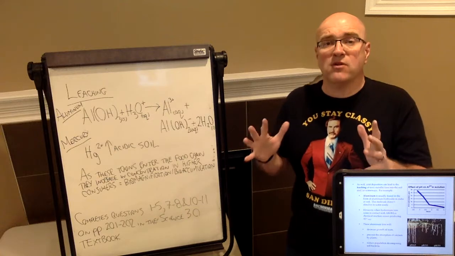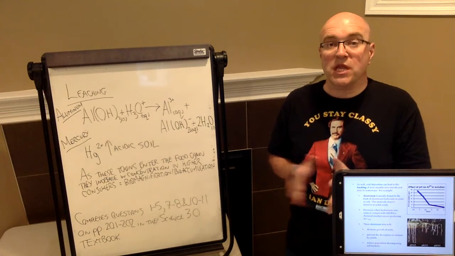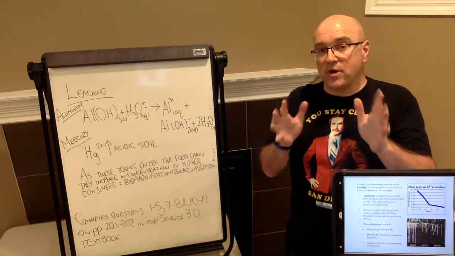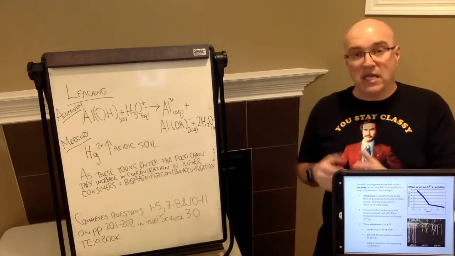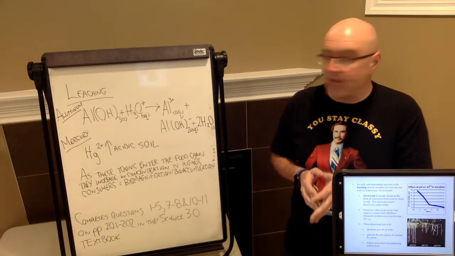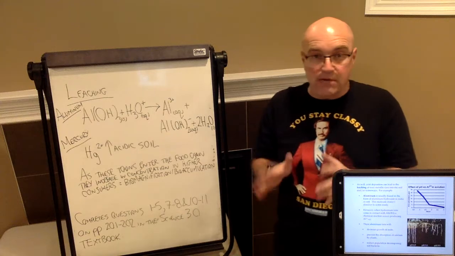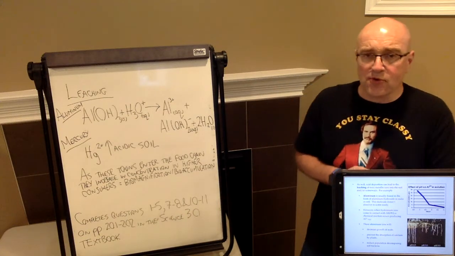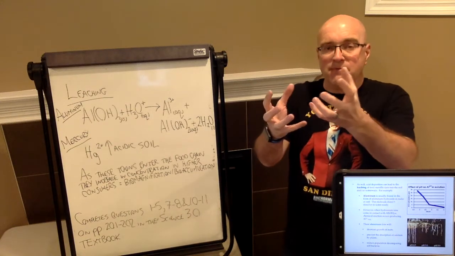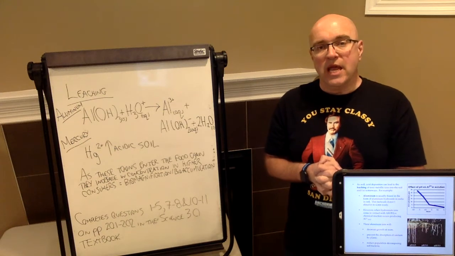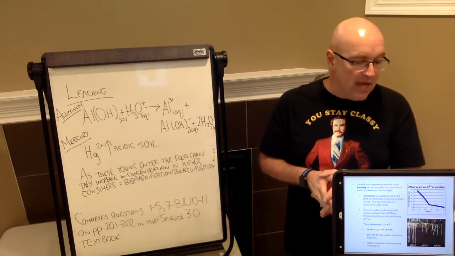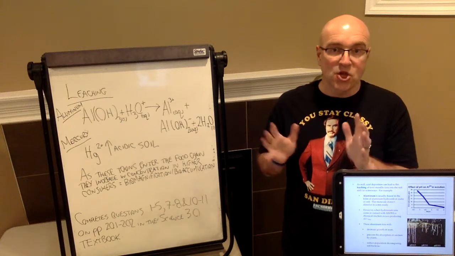They can poison organisms because we're releasing certain elements or ions into the ecosystem. This is known as leaching, where certain poisons or substances are drawn out of the soil in larger than normal concentrations. And a good example of this is aluminum.